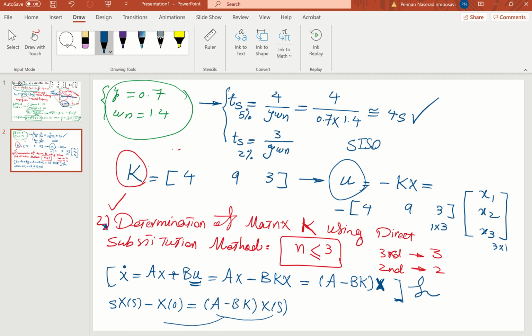If I move this to the other side, X(s) is a common factor, so it comes out as (sI minus (A minus BK)) X(s) is equal to x naught, because we are dealing with a matrix, not a number, so I, not 1. Remember? So if you want to find X(s), that's right.